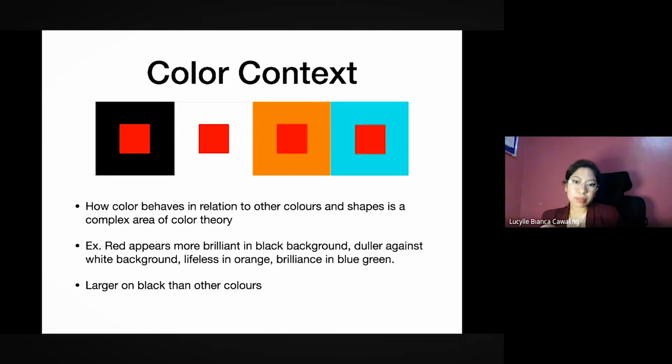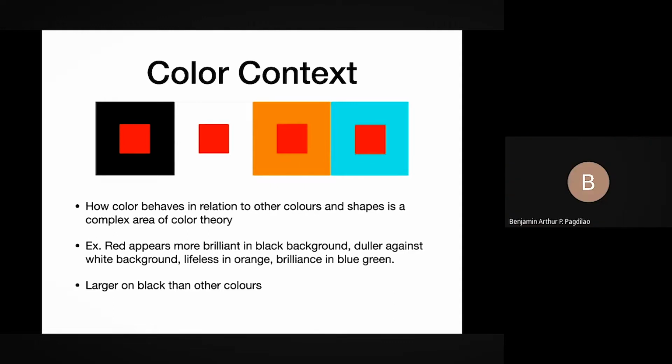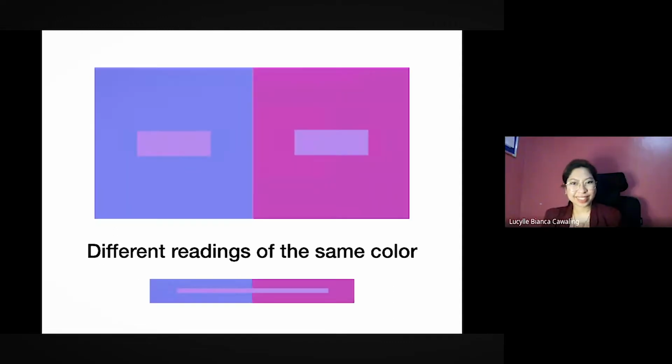While on the blue-green background, it looks very brilliant and contrasting. But if you compare the blue-green and the black background, the red looks bigger on the black background compared to the other colors. Am I right? Guys? Yes, ma'am.